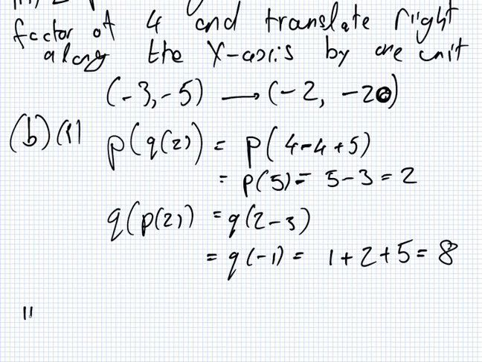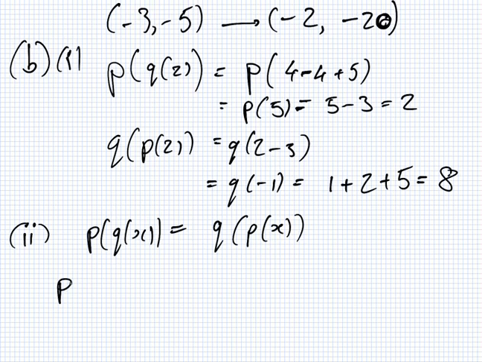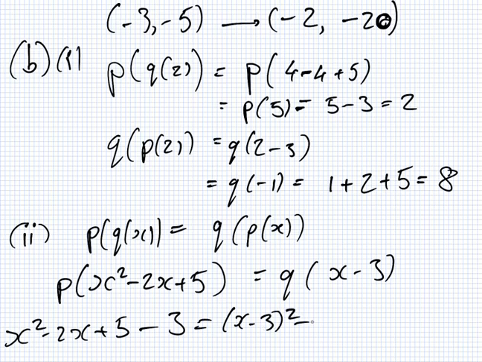In the next part here, they want you to solve P of Q of x equal to Q of P of x. So that means they want you to solve P of Q and then Q of P. So I put this one into P and I get x squared minus 2x plus 5 minus 3, and then I put this one into Q, and I'll get (x minus 3) squared minus 2 times (x minus 3) plus 5.